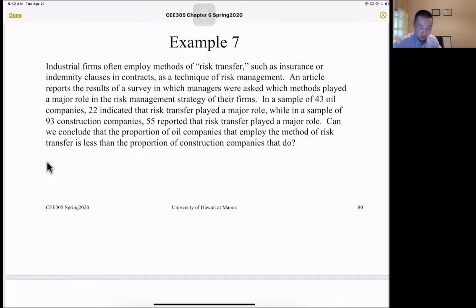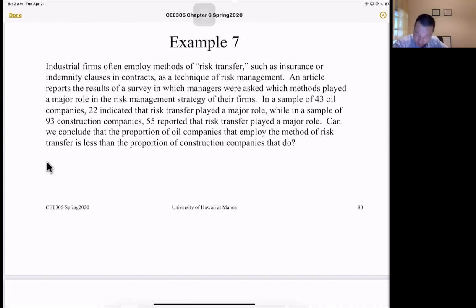So industry firms often employ methods of risk transfer, such as insurance or indemnity clauses in contracts, as a technique of risk management. An article reports the results of a survey in which managers were asked which methods play a major role in the risk management strategy of their firms.